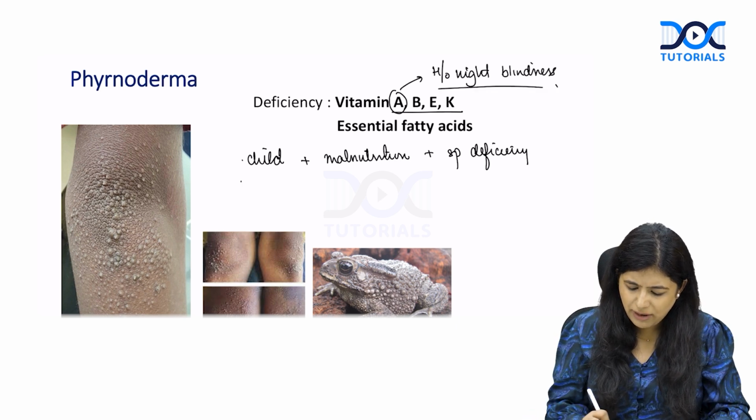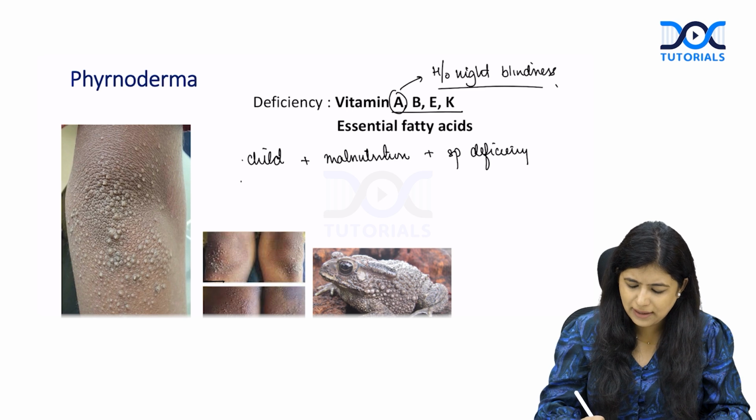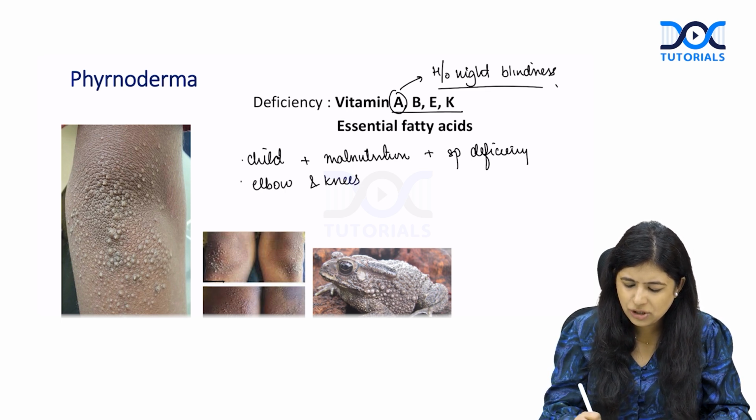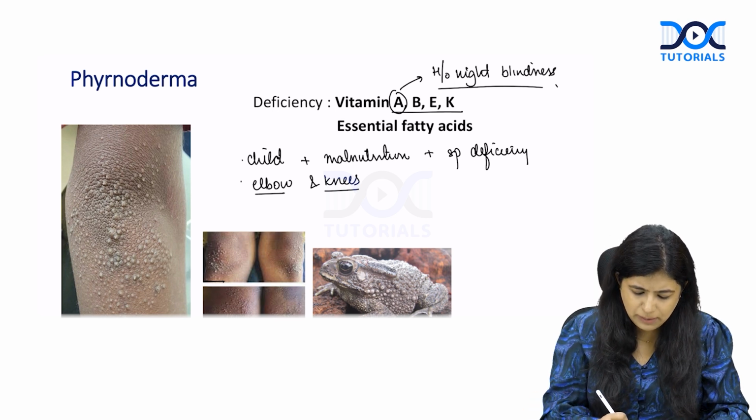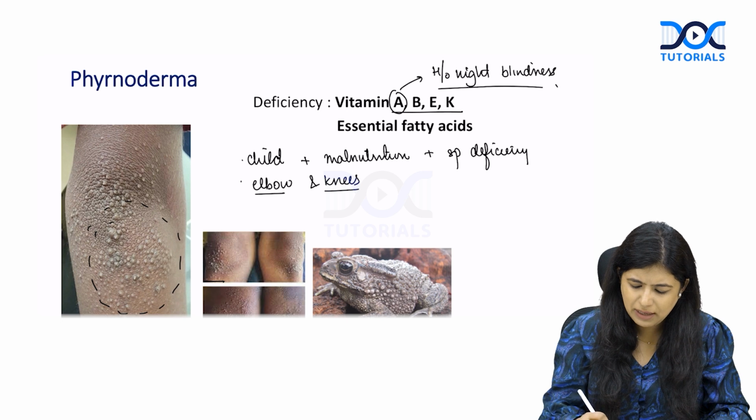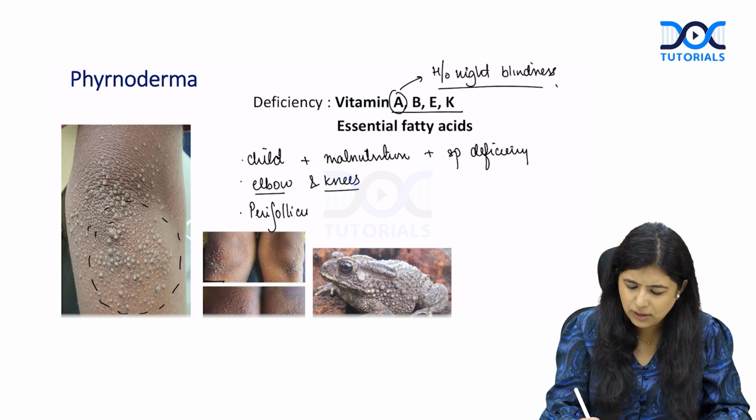Now, the area where the rash is seen are the elbows and the knees. So the site that may be mentioned in the exam are the elbows and the knees, or you may be given an image about that. When you see the image, what do you see? You see these raised papules around the hair, which are called as perifollicular keratotic papules. They are slightly hard and rough.